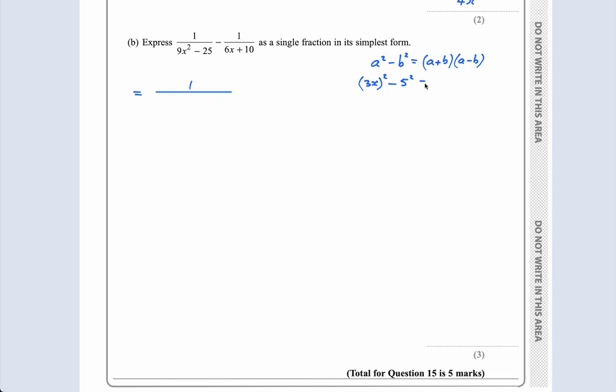So I can apply this rule here, which gives me 3x plus 5 times 3x minus 5. Now, if you don't believe me that that's true, literally just multiply it out. Do this times this, this times this, this times this, this times this, and you will get 9x squared minus 25. So I'm going to write that here, 3x plus 5 times 3x minus 5.